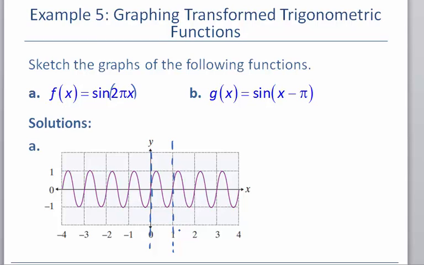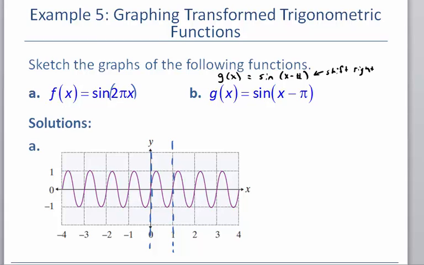Now, you want to remember, maybe from an algebra class, that when you have a function and the x in the function is replaced by x minus a number, the effect that has on the graph is it causes it to shift to the right by whatever your number is.